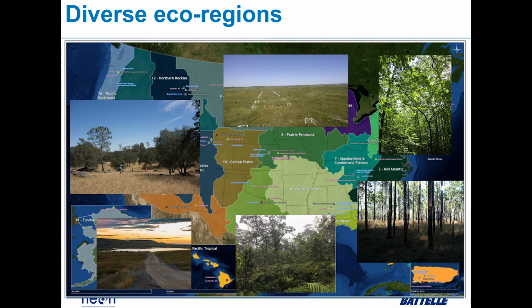So this map is a little nicer than the previous one in the sense that it colors the different regions so you can identify them more easily. And I just want to show a few images from some of these different ecoregions. You can see the diversity of sites within each of these ecoregions. So see like the northeast site.